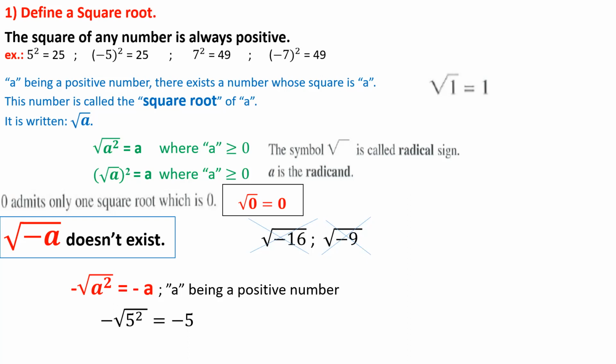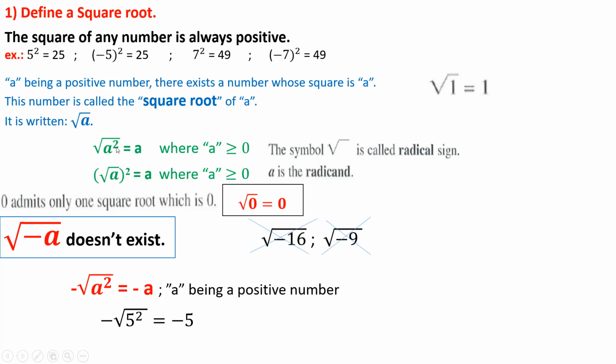This is the radical symbol, called the radical sign. This is how we write the square root. The number inside, which is A, or the base, is called the radicand. So radical A squared is A.